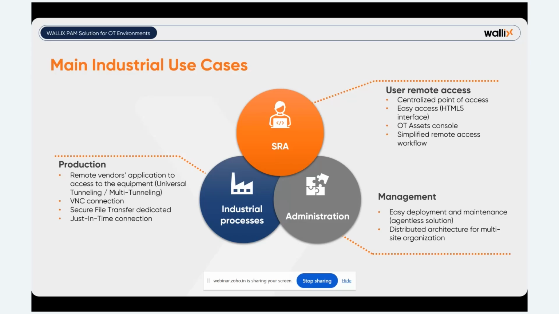Based on that, the access needs to be secured. You need that man in the middle, that SRA solution or PAM solution, to ensure that seamless access is provided to the engineering workstation or the PLC which you intend to connect to.